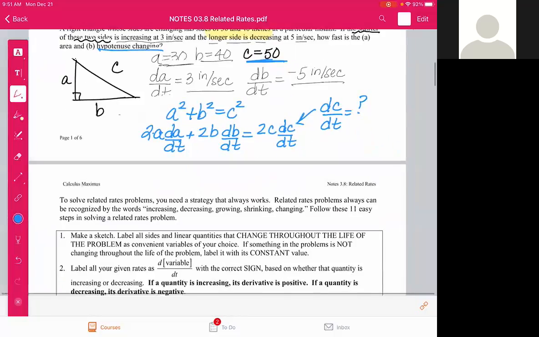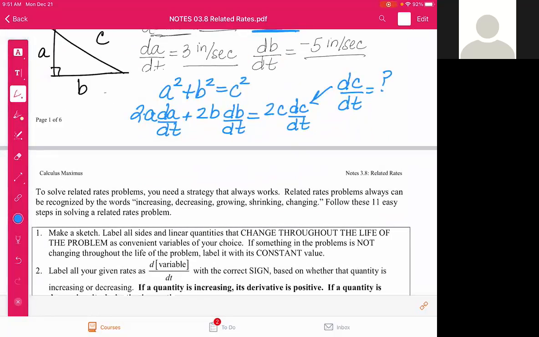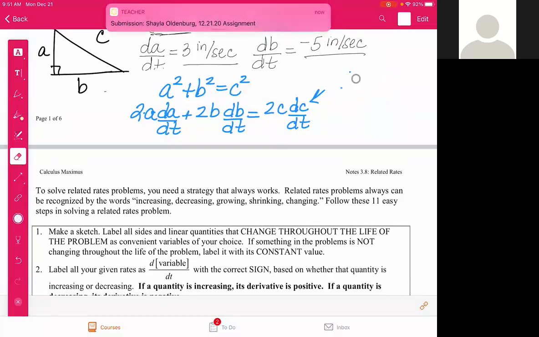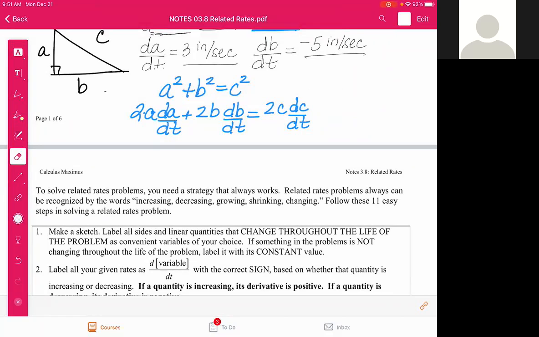So you're going to do 2 times, I don't know where I'm going to squeeze this. I guess I'm going to erase this over here. Oh yeah, I could write down here, I suppose.